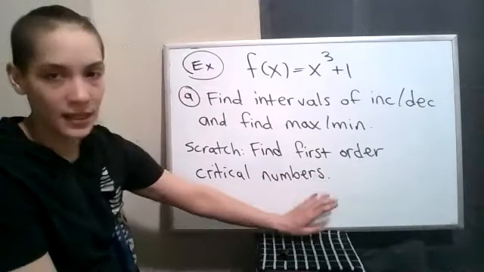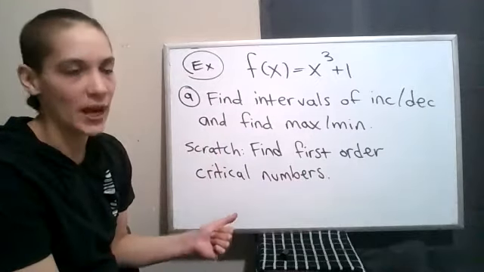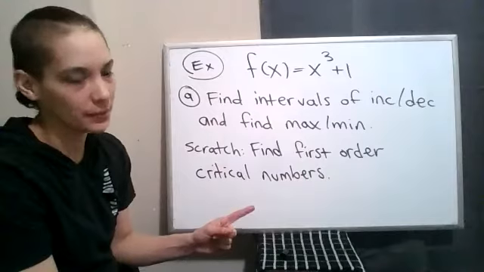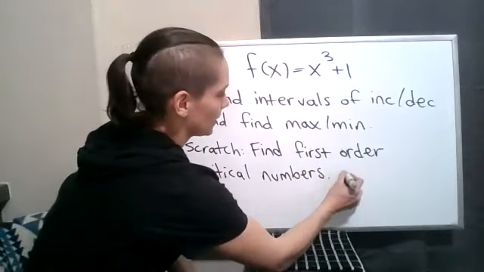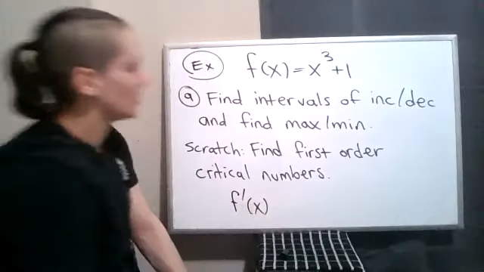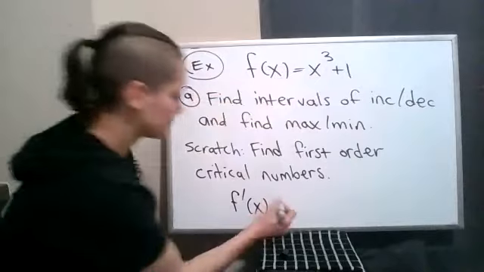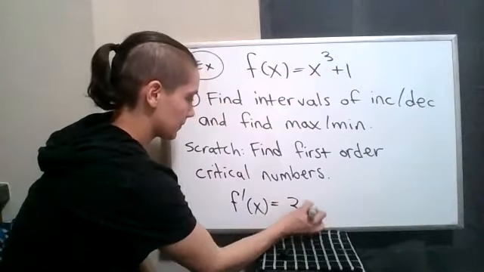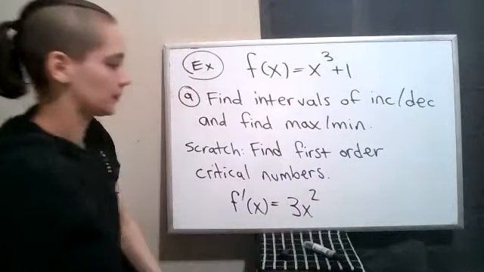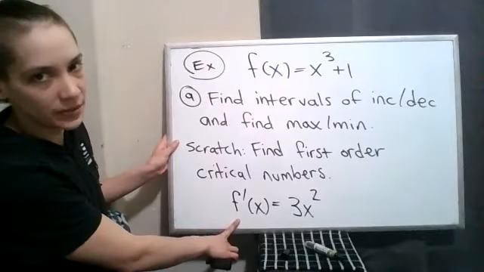So we're going to find f prime of x and then see if that's ever undefined and what happens if that is equal to 0. I'm going to take 3x squared plus 0. And think about, can this function be undefined?